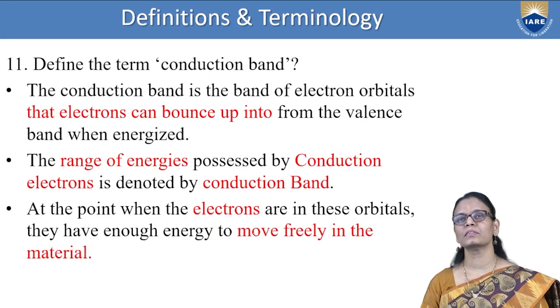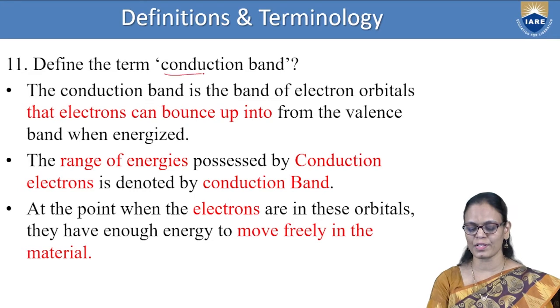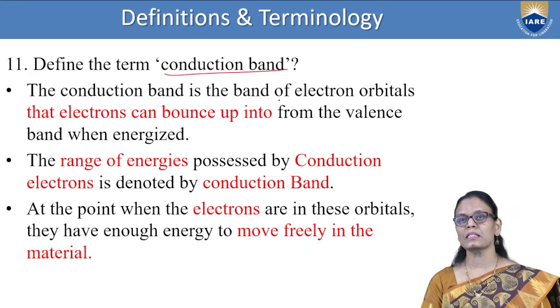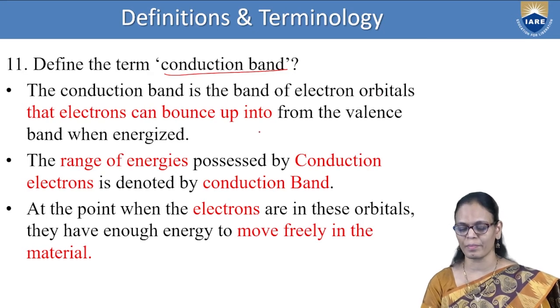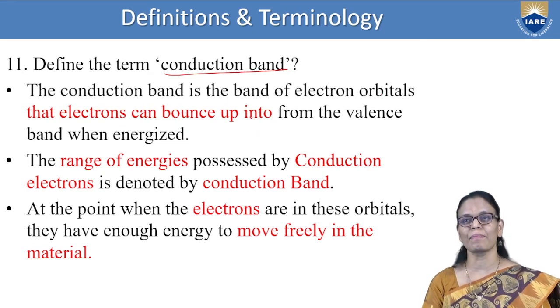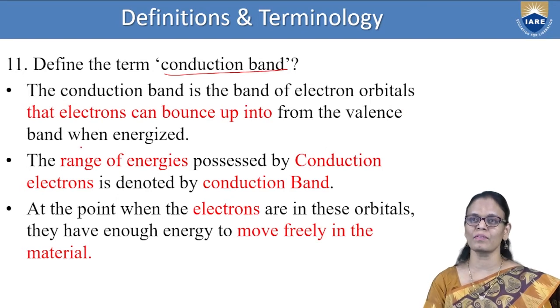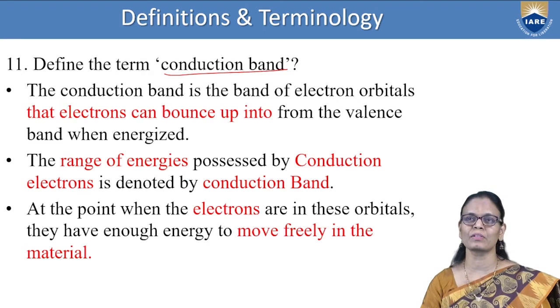Now define the term conduction band. What is a conduction band? Conduction band is the band of electron orbitals that electrons can bounce up into from the valence band. So the converse: now from the valence band, the electrons can come into the conduction band.